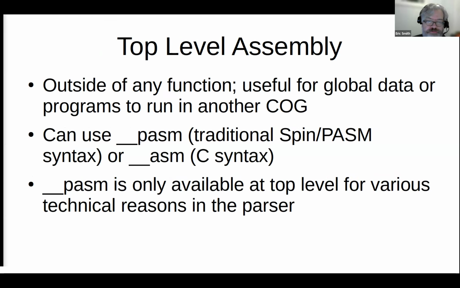Okay, so that was inline assembly, but in C you can also have top level assembly, much like the DAT section in Spin, which is kind of handy for global data or for programs that you want to run in another cog. And at the top level, you have a choice. You can use __asm to use the C syntax, but you can also use asm to get a traditional Spin syntax.